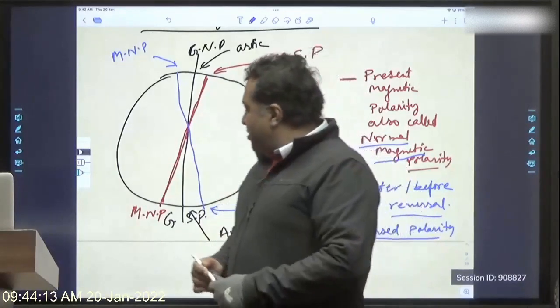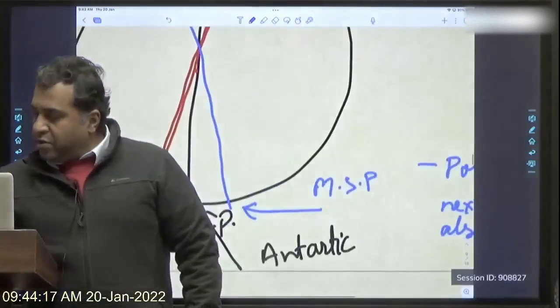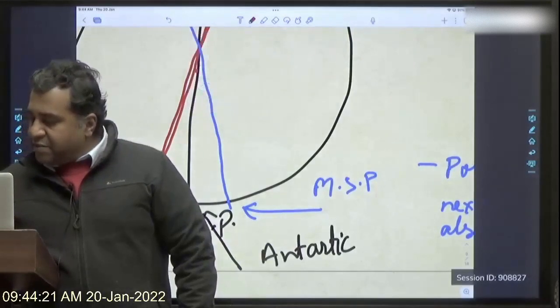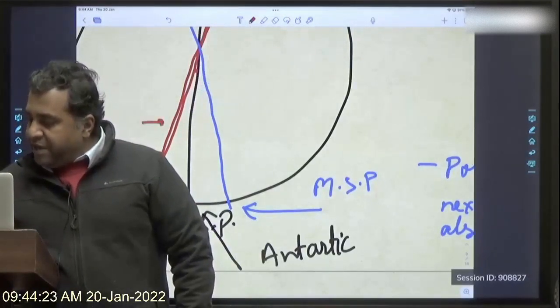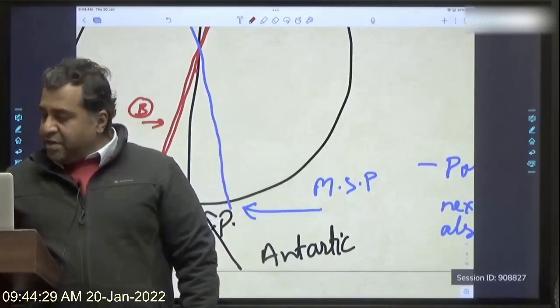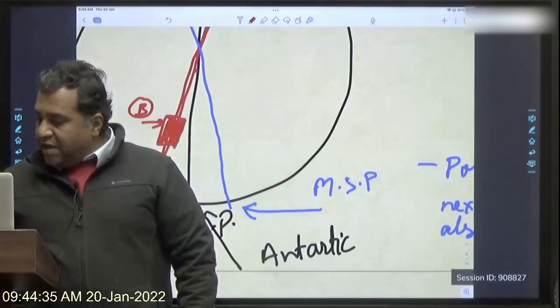So the rocks that come out during this reddish period, let us say at this place B, we had a volcanic eruption and magnetic rocks came out. So they will align themselves like this.